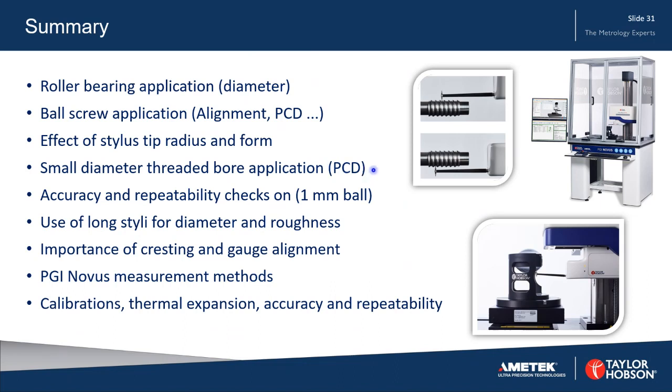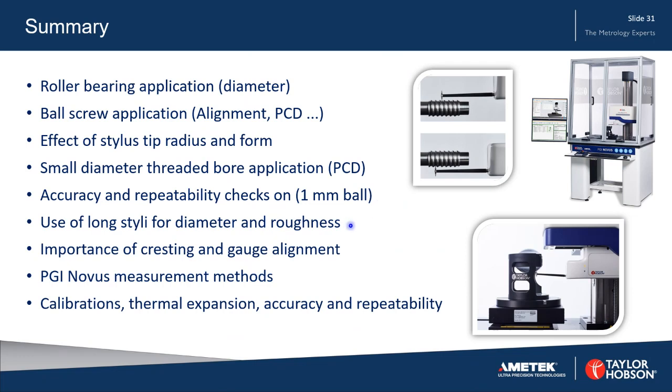We've looked at a very small diameter threaded bore application, and again looked at the pitch circle diameter and considered how important alignment is. We've had a look at the accuracy and repeatability checks made on a known 1 millimeter calibrated ball.